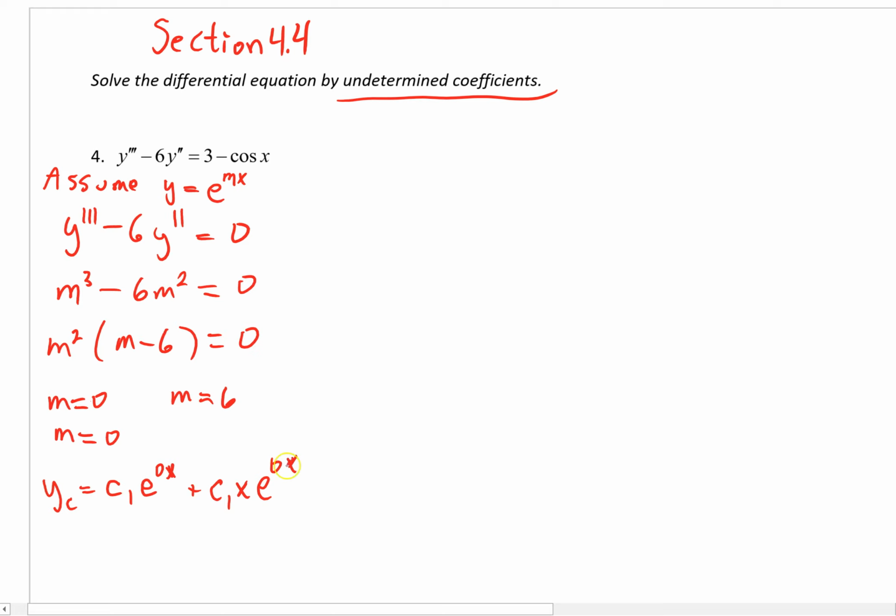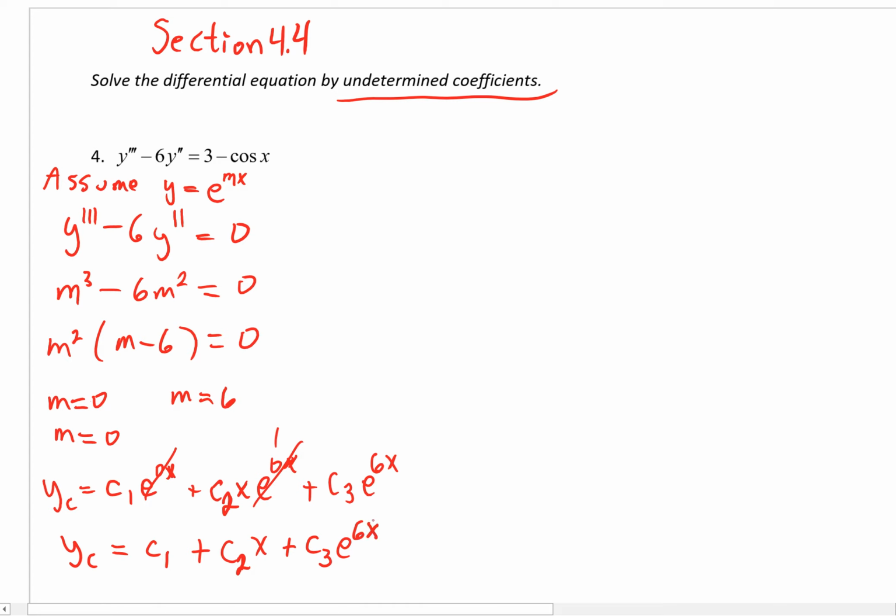We'd put an x out in front. And then finally we'd have a C3. Here we'd have e to the 6x. What are we really seeing? Well, we've got just some constant. That's e to the 0x is just a 1. And then this is a 1 also. We've got, call this C2, pardon me, C2x. And then we'd have C3 e to the 6x.